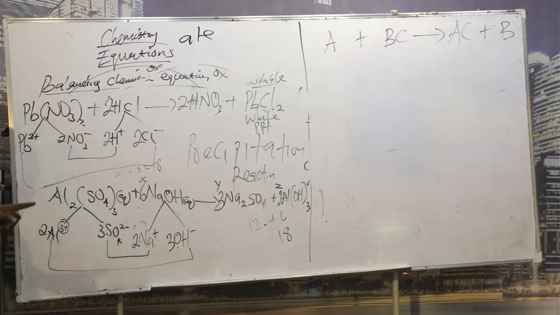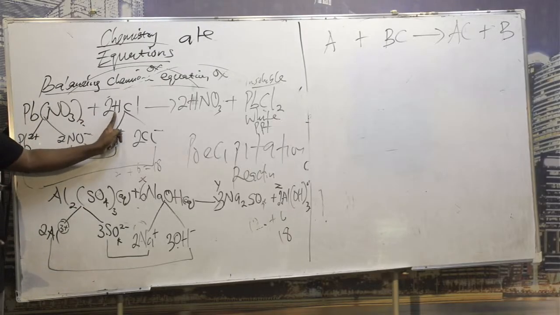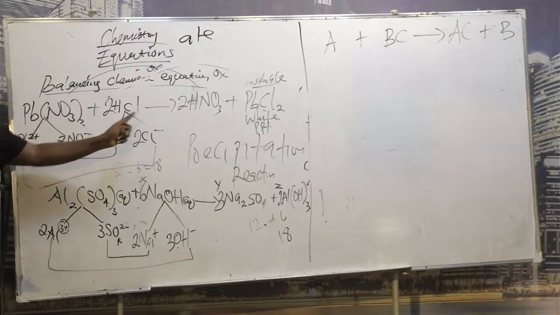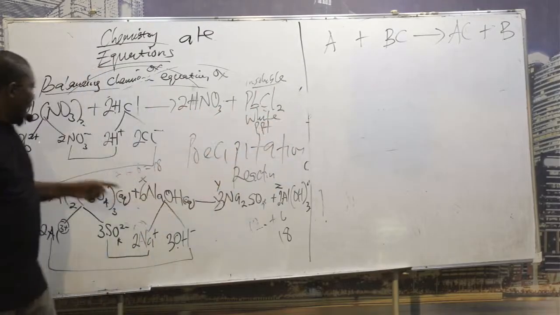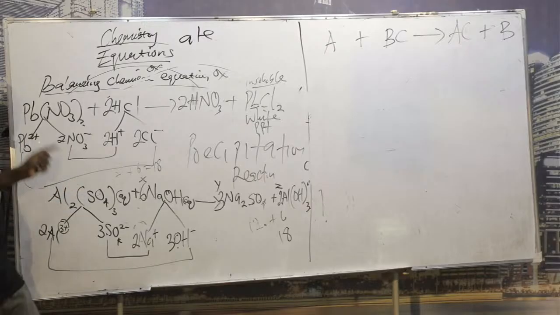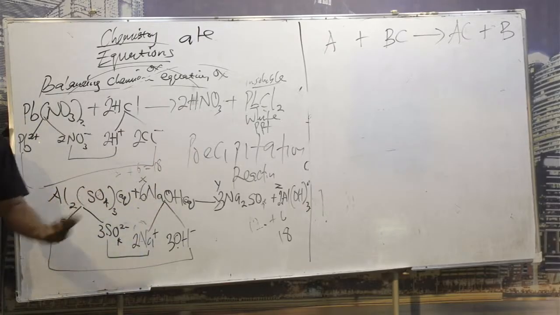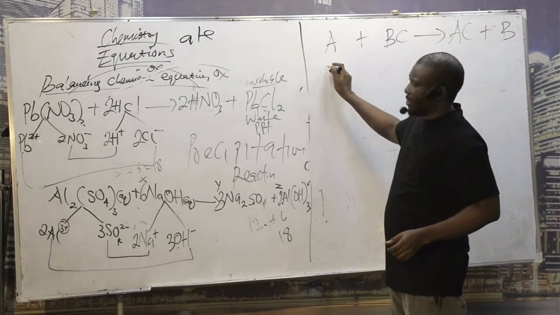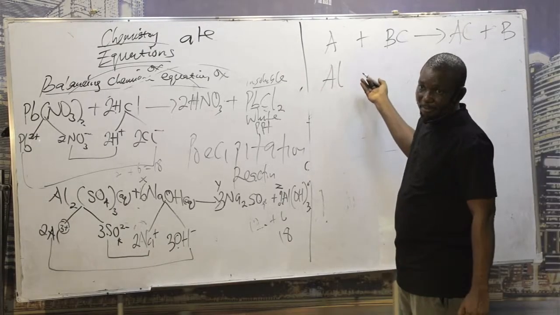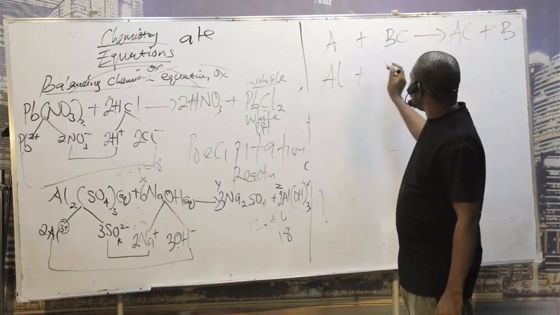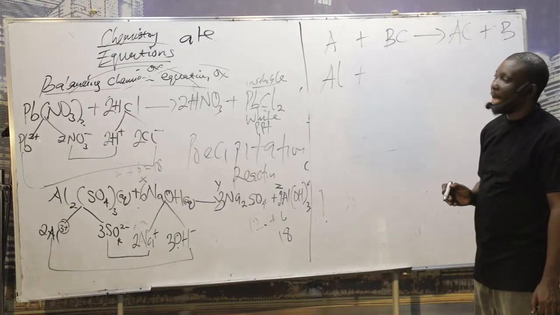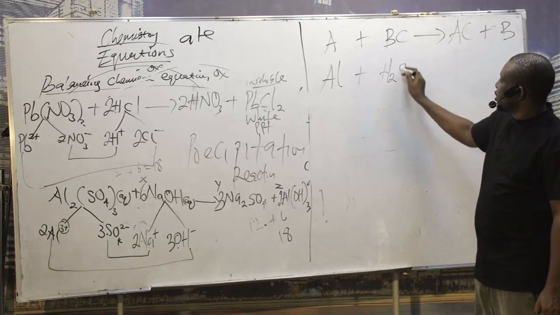Like in this one, look at this: Pb displaces H, and PbCl2 is formed. At the same time, H displaces Pb to form HNO3. So you see, it is double. But there's some reaction, for example, if I have A as aluminium and BC as H2SO4.